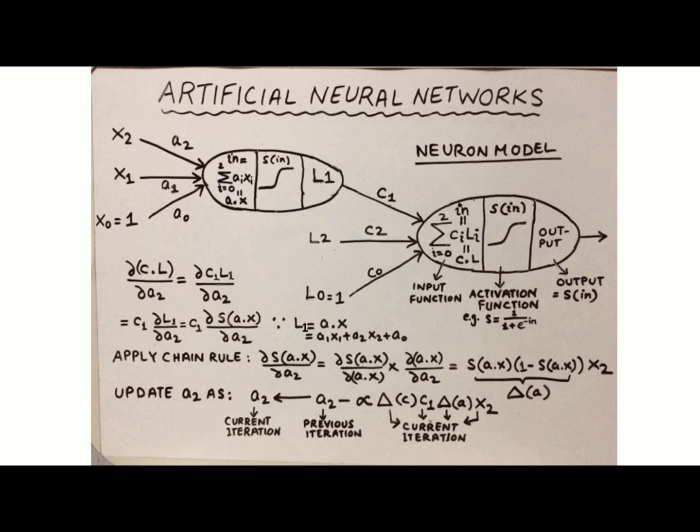So therefore, the weight update rule of A2 will be A2 of the current iteration comes from A2 of the previous iteration minus alpha times delta A times x2, where delta A is this quantity, and it comes from taking a partial derivative of A dot X with respect to partial A. Now the question is, where did this partial C come from?